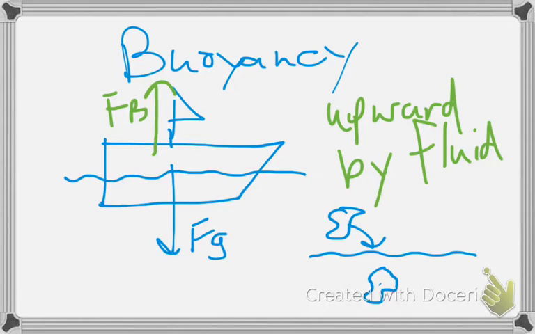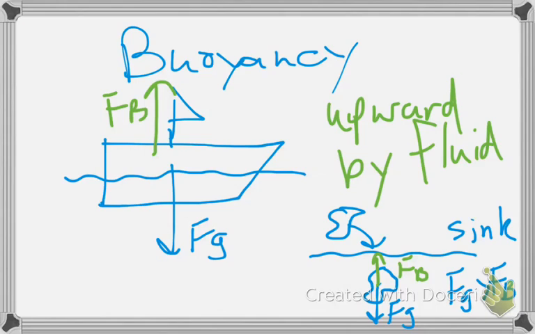We do have a buoyant force, and that buoyant force would be going up on it. But it has a force of gravity, and in this case, the force of gravity outweighs, or is more than, the buoyant force. So if something is sinking, then the force of gravity of an object is bigger than the buoyant force.